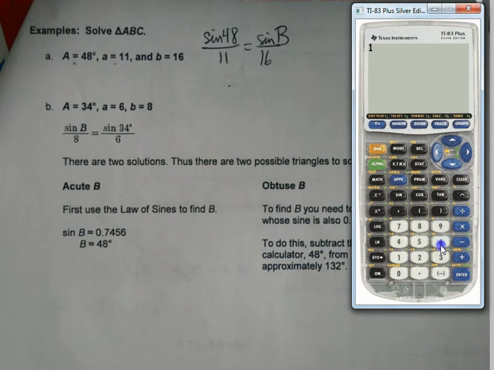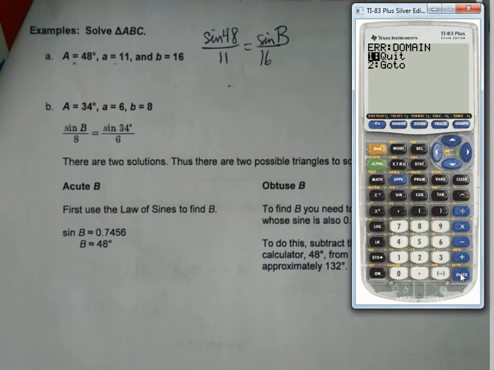I'd have 16 times the sine of 48 divided by 11. Then I would do my second sine, and the answer, what? I'd put everything in the right way. What's going on? This is your blinking lights to say, uh-oh, problem.